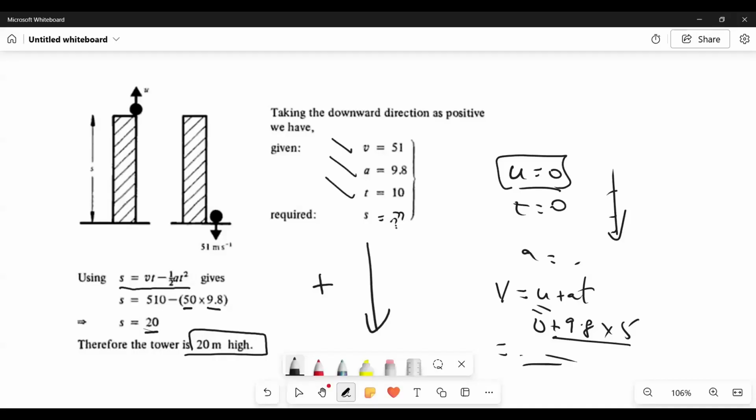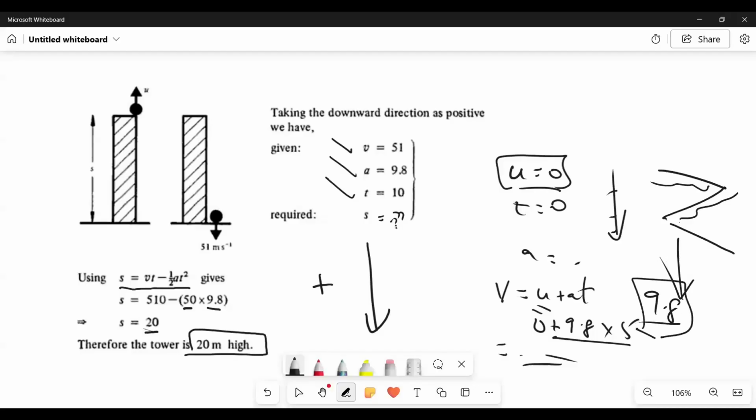It's the air that offers a lot of resistance to an object. Maybe it's flattened in some way, and you notice it's going this way, that way, this way. So what's going on here? The way air is acting on it is causing it to not fall to the ground at 9.8 always, right?